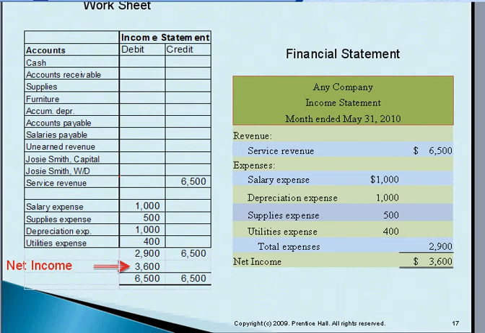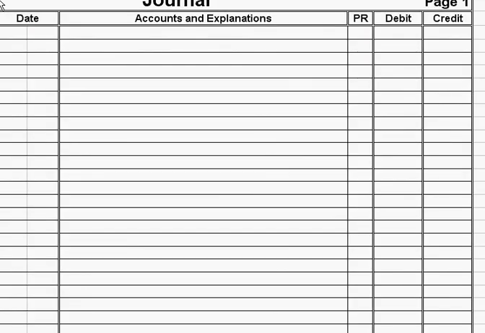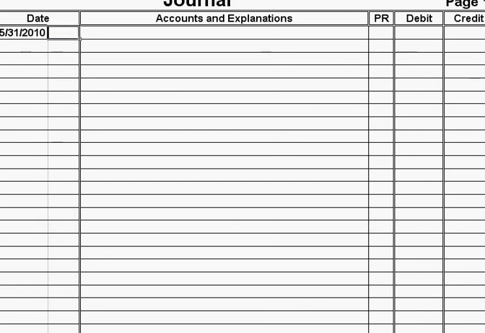So, for recording closing entries, the process is to close out, number one, your revenue account. From the income statement, we knew that service revenue was $6,500. So if we come over to our journal, what we're going to do is post on 05/31/10. We're going to debit our service revenue account.